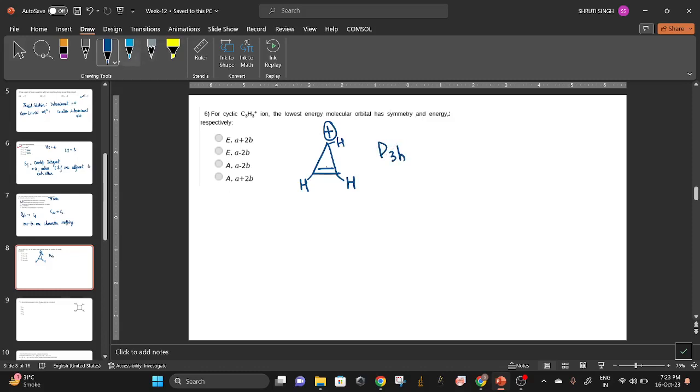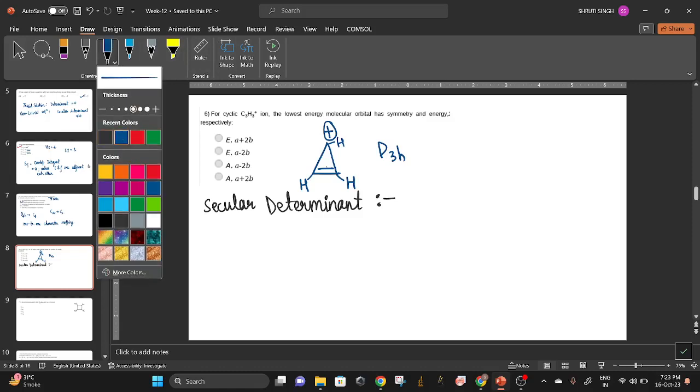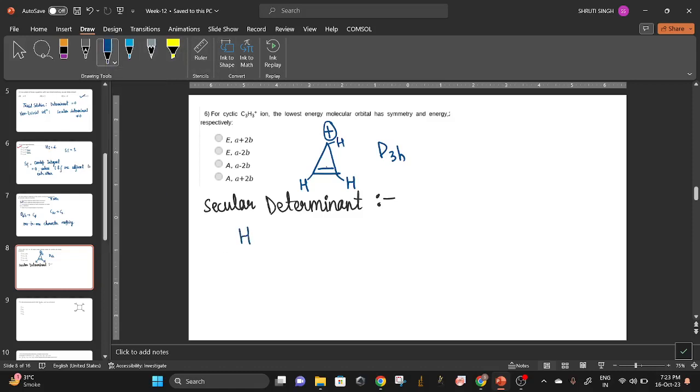When we write the secular determinant, it will look like H11 minus ES11, let's name these atoms 1, 2, 3, H12 minus ES12, H13 minus ES13.